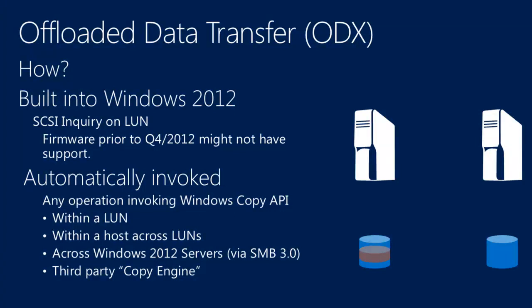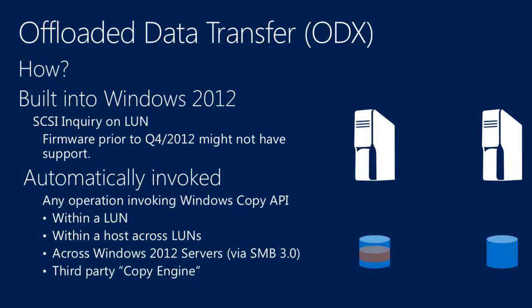It is detected by Windows Server when it does device discovery. So there's a little bit of dialogue that goes on between the server and the storage device to figure out whether ODX is supported. Once it does that, ODX gets dynamically invoked within the environment.